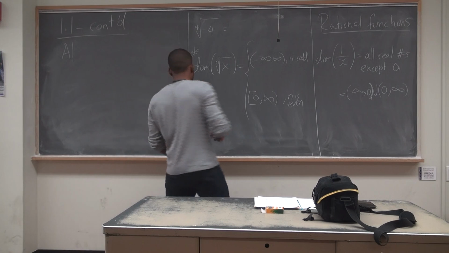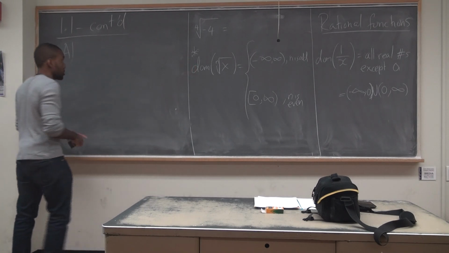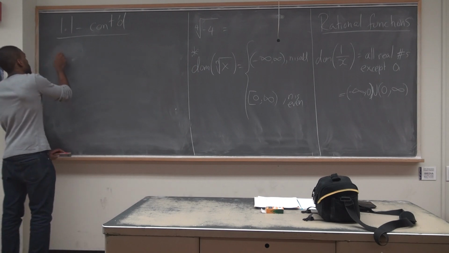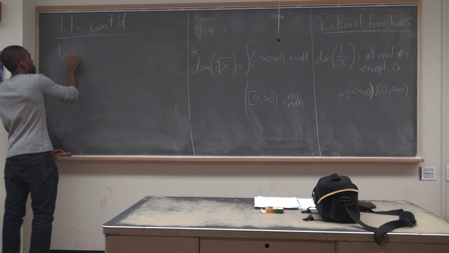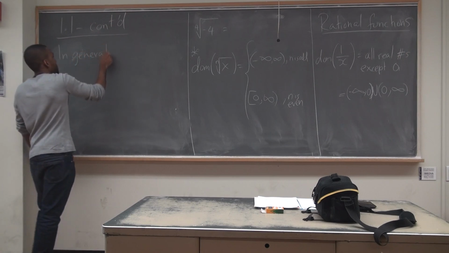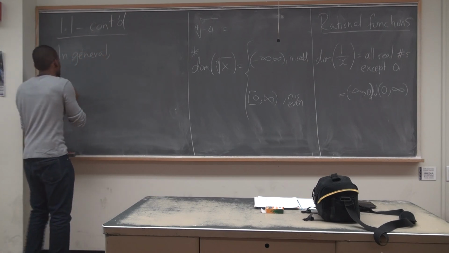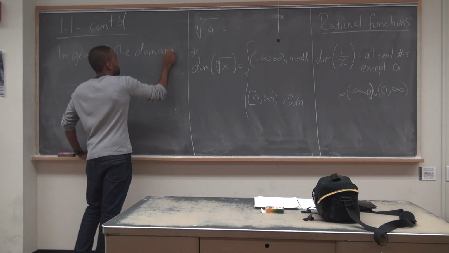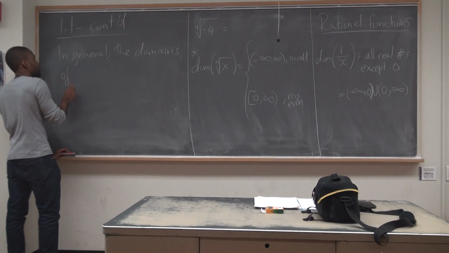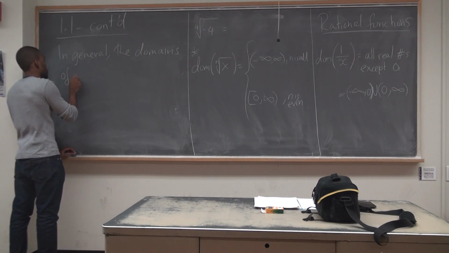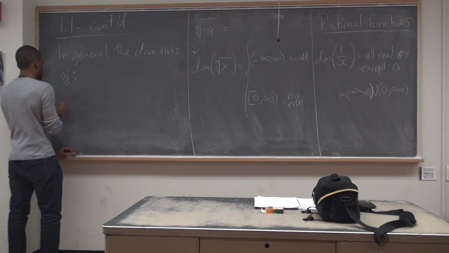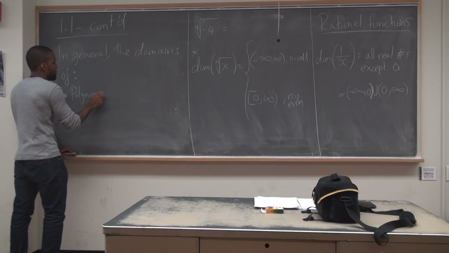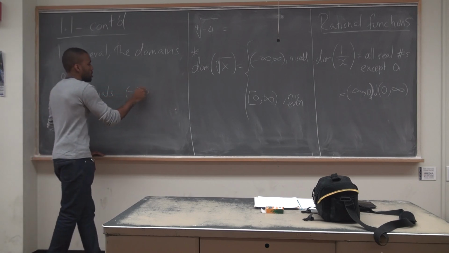I was going to tell you about logs and exponentials, but maybe I should talk about what those are before I tell you this. In general, the domain of polynomials is all real numbers.